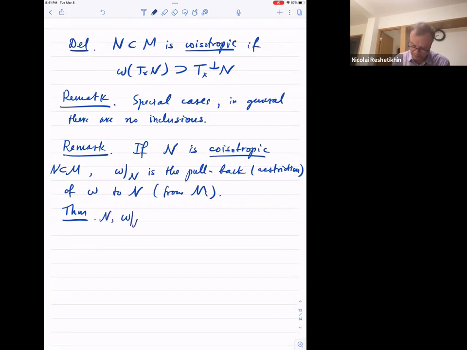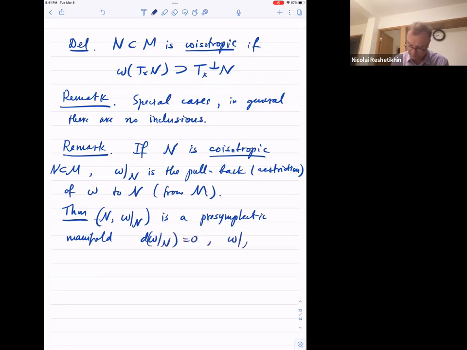N with this two-form is a presymplectic manifold. In other words, d omega_N is closed and omega_N is degenerate.